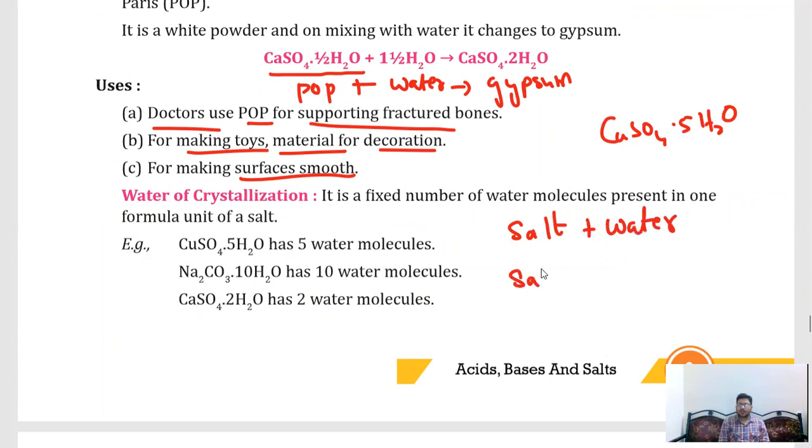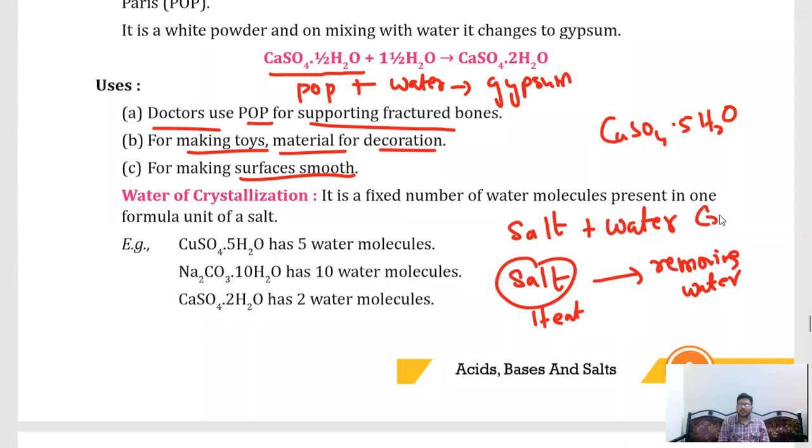If you take a salt and heat it, literally you are removing water molecules from it, and that is known as crystallization. If you add water, it is known as recrystallization or water of crystallization.